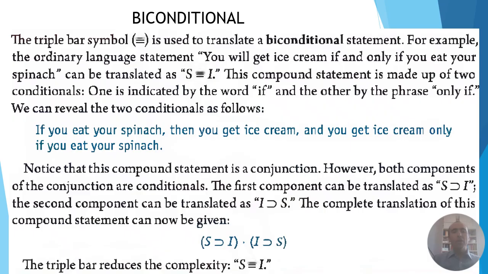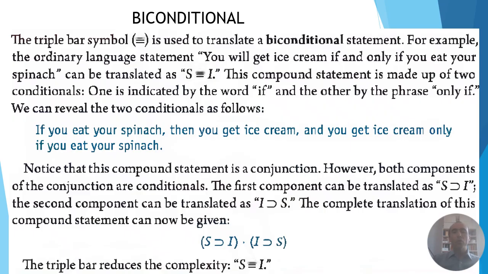Notice that this compound statement is a conjunction. However, both components of the conjunction are conditionals. The first component can be translated as S horseshoe I. The second component can be translated as I horseshoe S. The complete translation of this compound statement can now be given.